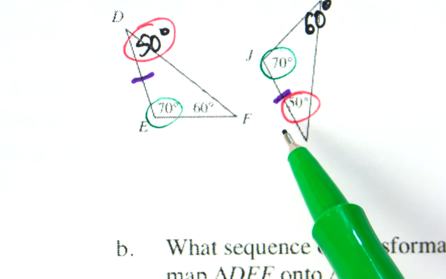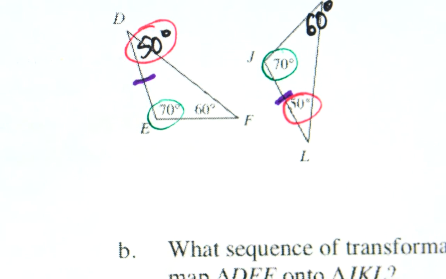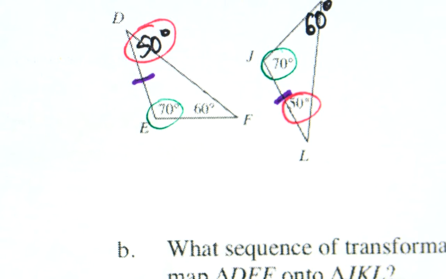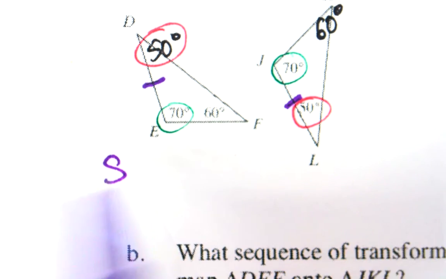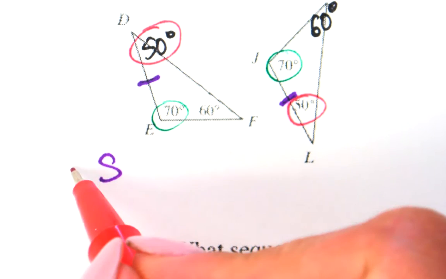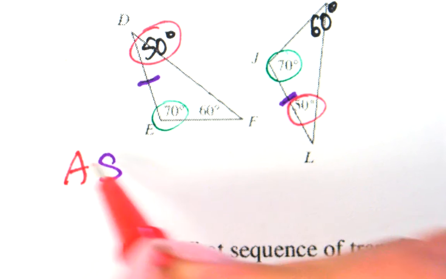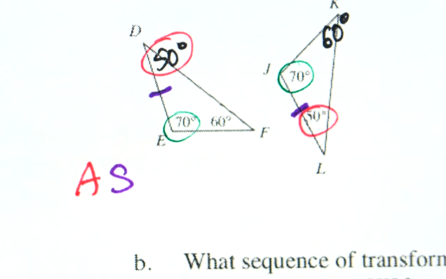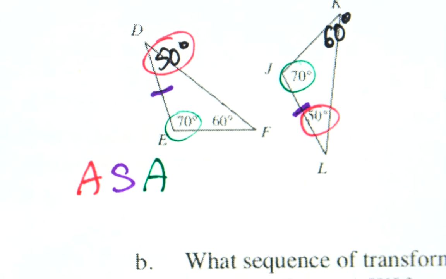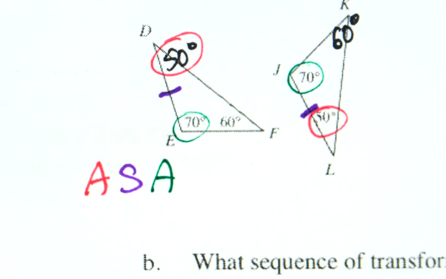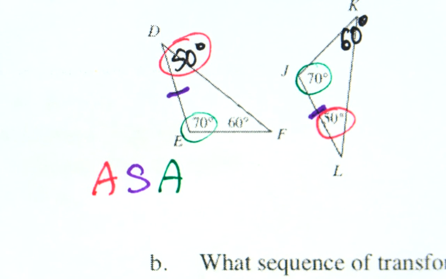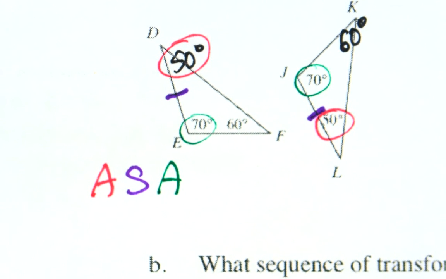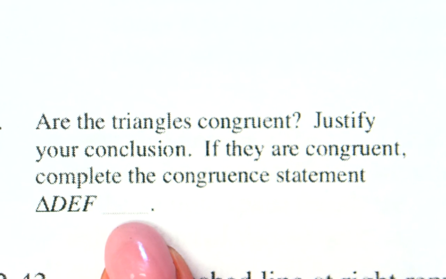So purple, which is a side, is in the middle between a green and a red angle. So you have angle, side, angle. Now, then you can figure out what the congruent statement is.